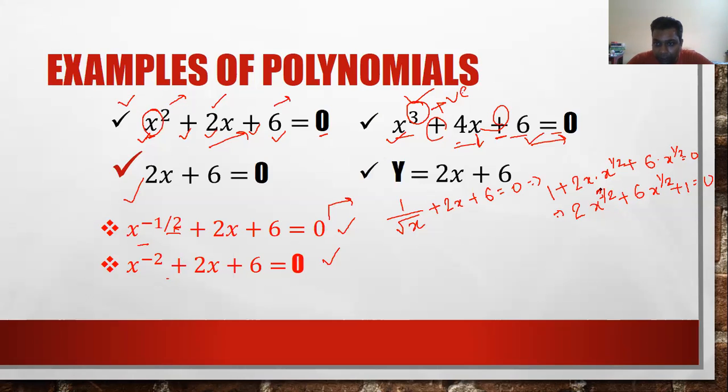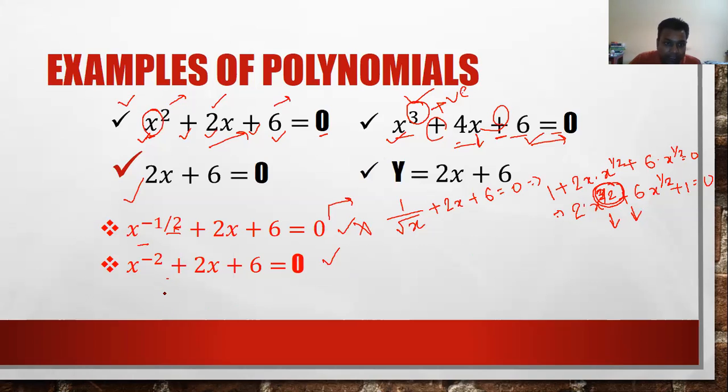Here we see that the power of x is in fractional form. We do have variables and additions present here, but the power of x is a fraction. So this is not a polynomial.